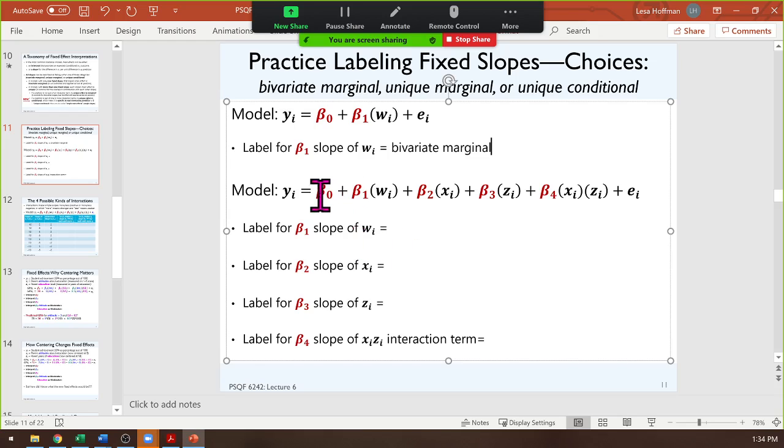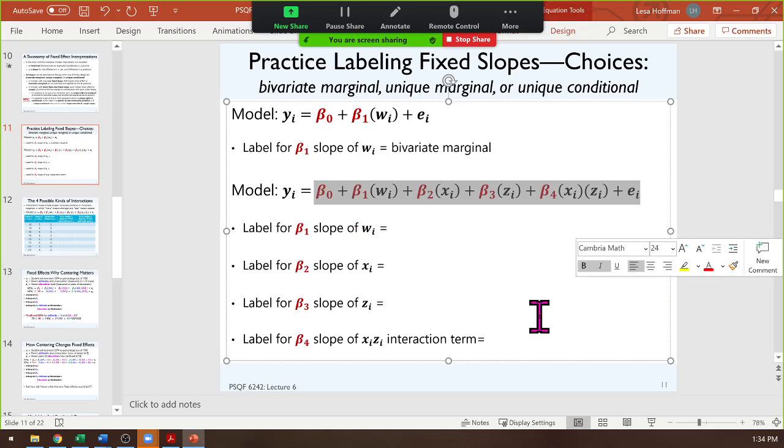Now down here, next model. This is similar to what we had before, but with an extra term in here. So I have a fixed intercept beta 0. That would be the expected outcome when W, X, and Z are all 0. I have beta 1 for the slope of W, beta 2 for the slope of X, beta 3 for the slope of Z, and beta 4 is my interaction term.